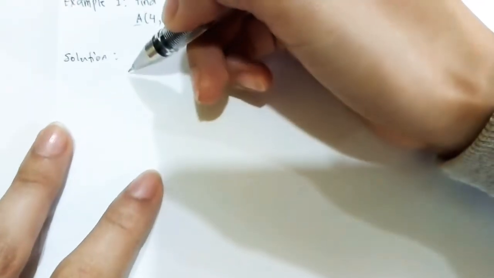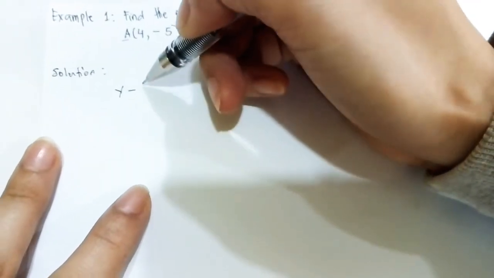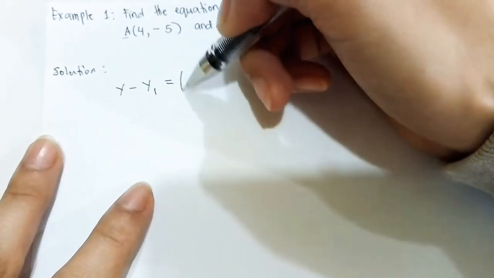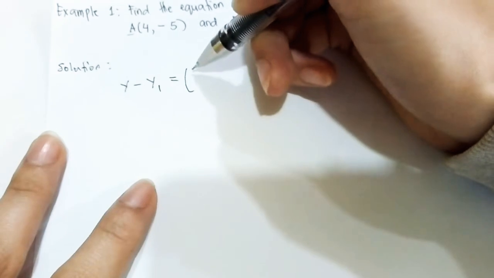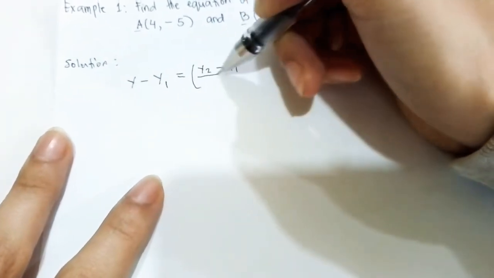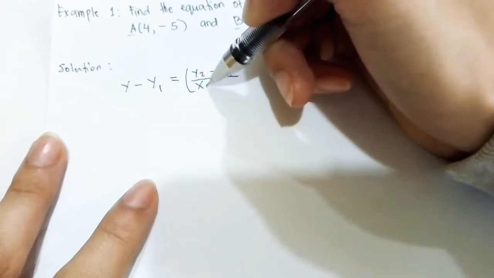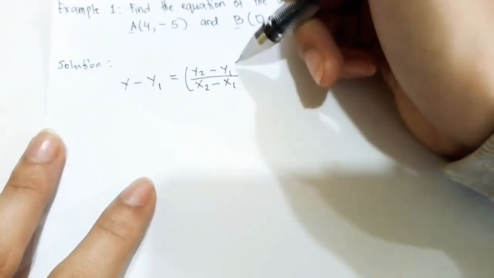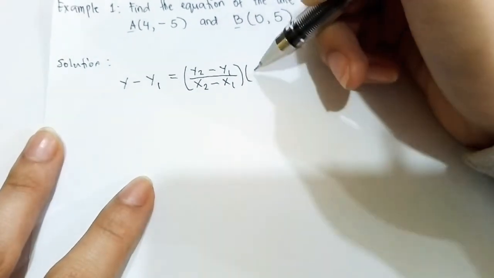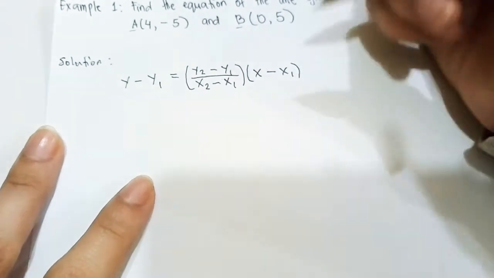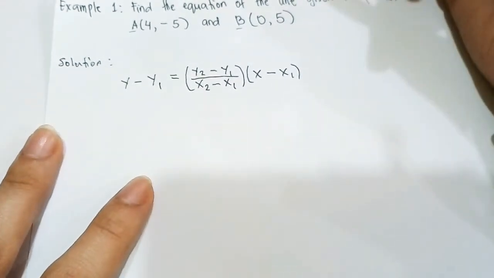So we have y minus y sub 1 equals the formula for slope, y sub 2 minus y sub 1 over x sub 2 minus x sub 1, times x minus x sub 1.